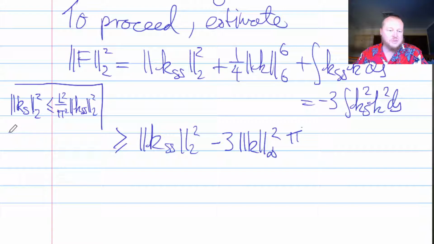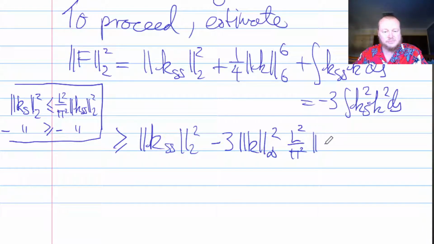So minus that is greater than or equal to minus that. Okay, no. It's L squared over pi squared. Sorry, I'm just a bit slow sometimes. L squared over pi squared, and then I've got this guy again.